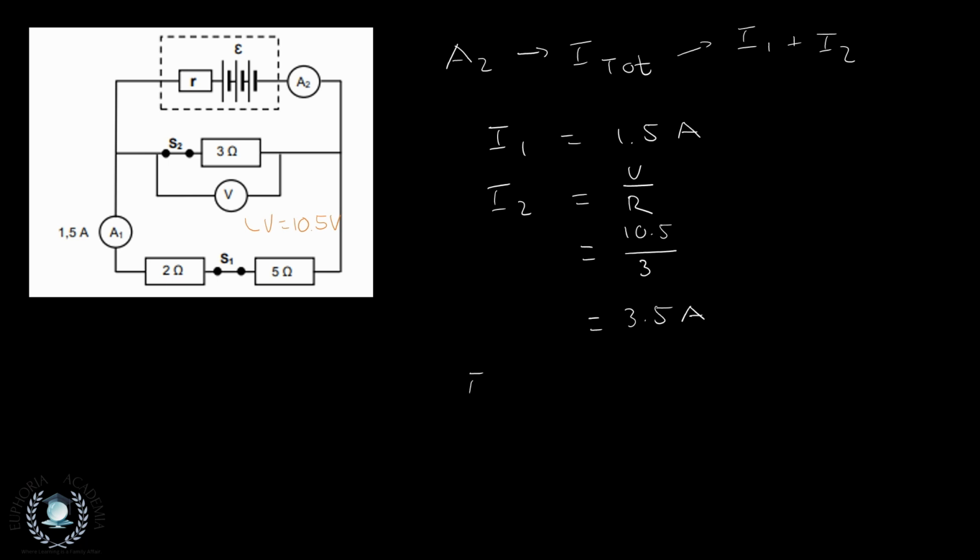So the reading on A2, let me just write subscript A2, is going to be our 3.5 amps plus our 1.5 amps, and that gives us a total current through the whole circuit of 5 amps.